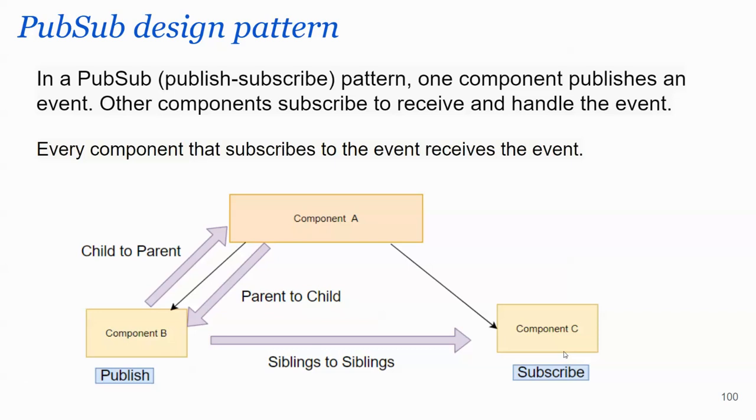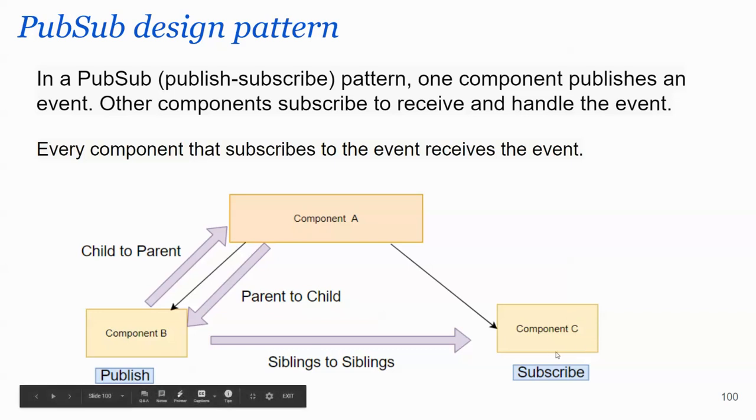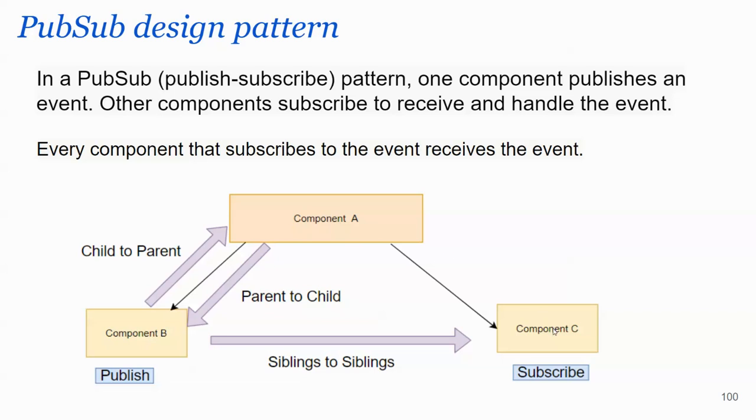Every component that subscribes to the event receives the events. So as you click here, it will get the event and perform the task you want. This is the basic overview of the PubSub design pattern.